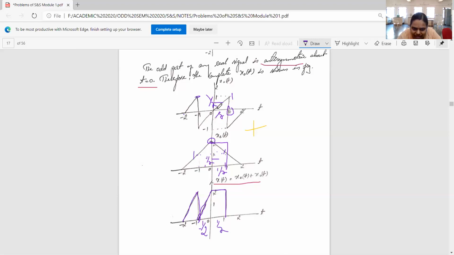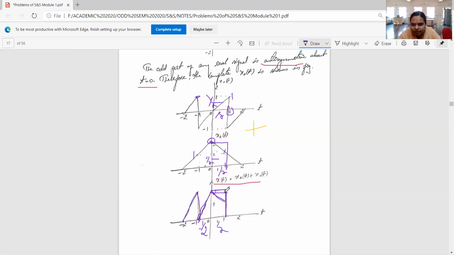This small triangle is 0 to 1. If I cut here, this triangle is of this part only. If I add this to this part, what will I be getting? I am getting one whole rectangular pulse.